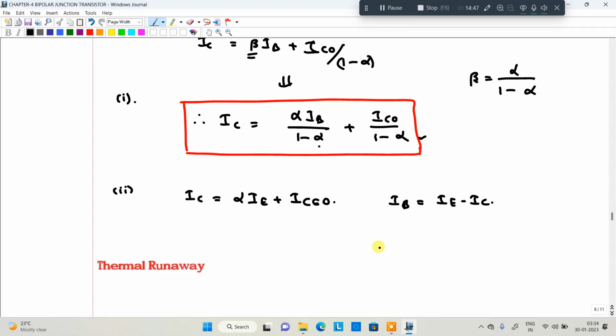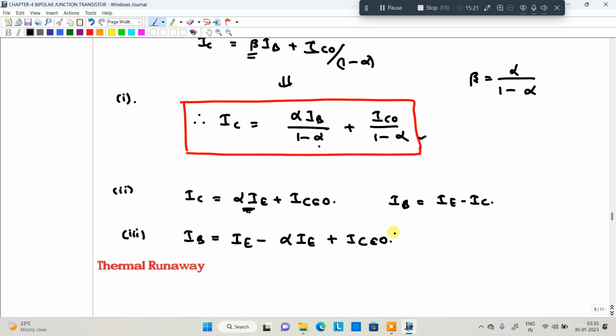So all these values are substituted, and the third relation is IB is equal to IE minus IC, that is, IE minus (alpha into IE plus ICO). This is the formula we have.